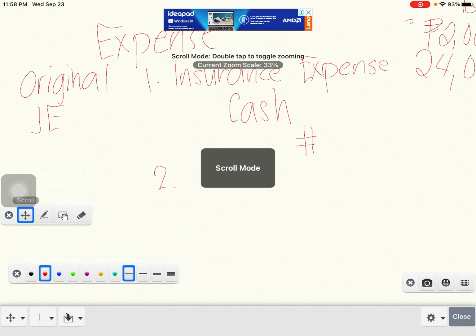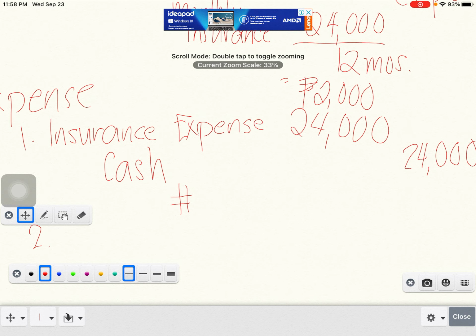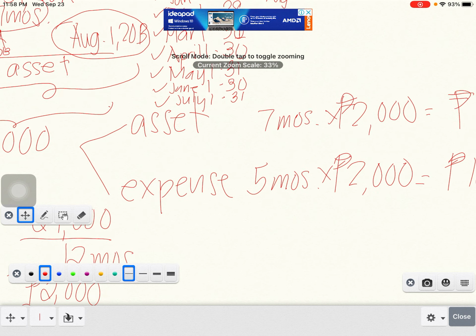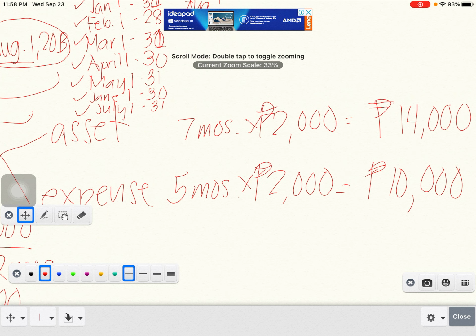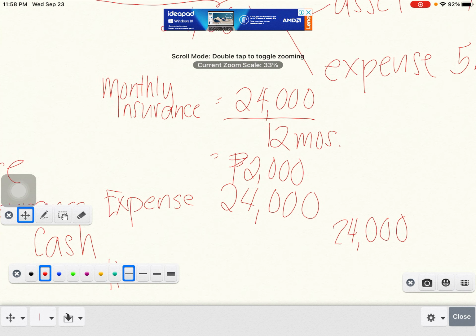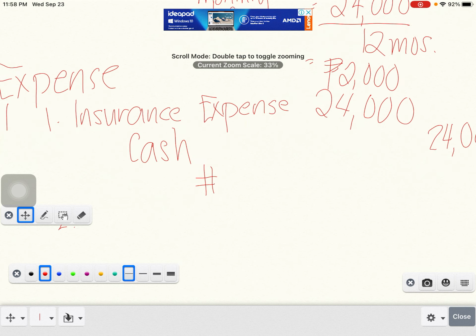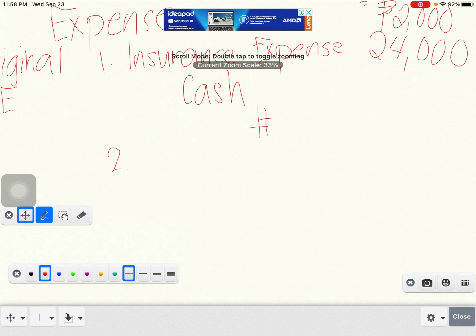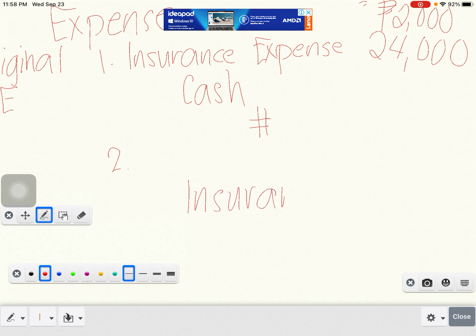So how would you reflect it? The 24,000, we have divided it already. We split it into 14,000 for the asset and 10,000 for the expense. So how would you lower the amount? We will take from insurance expense.